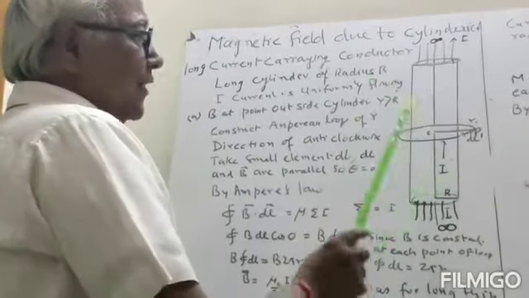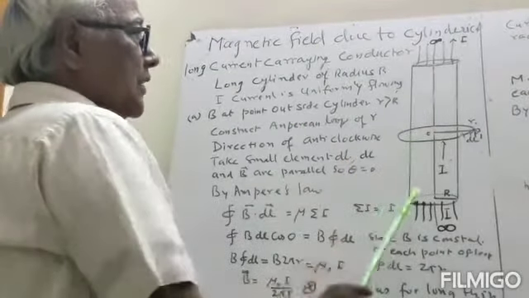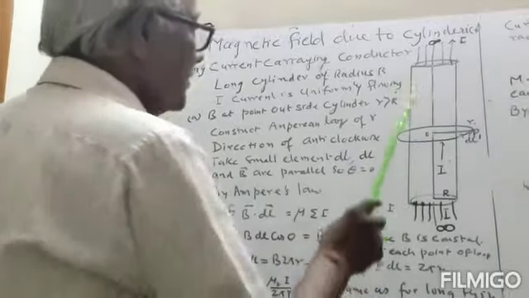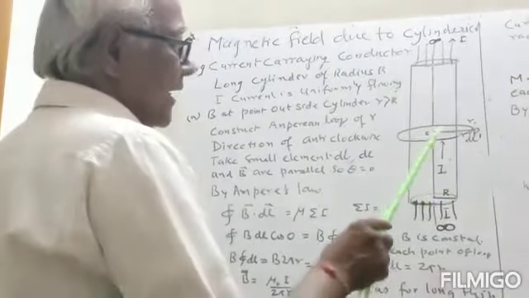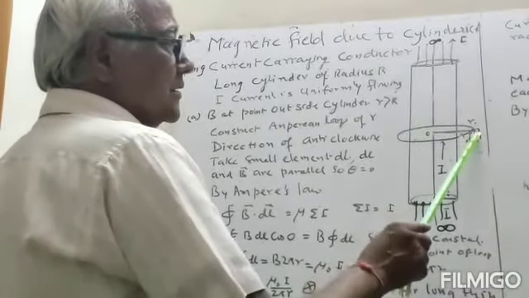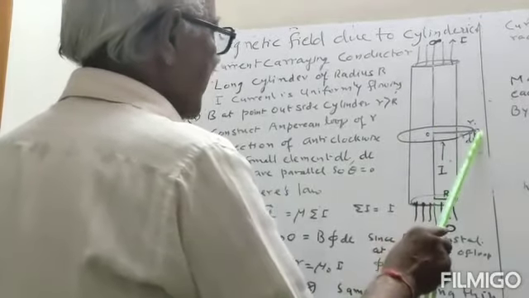So the current I will be the same for all parts of the conductor. Now we have to find the magnetic field at a point P, which is outside the conductor, and suppose this distance is taken smaller.